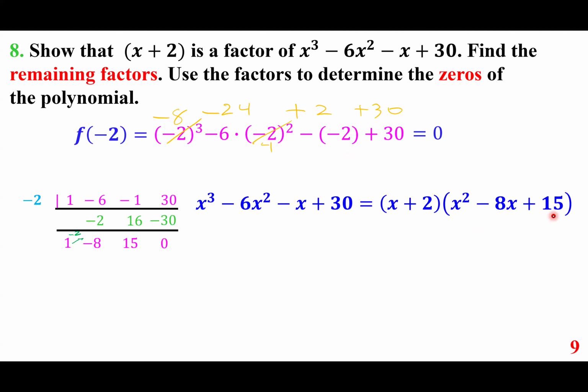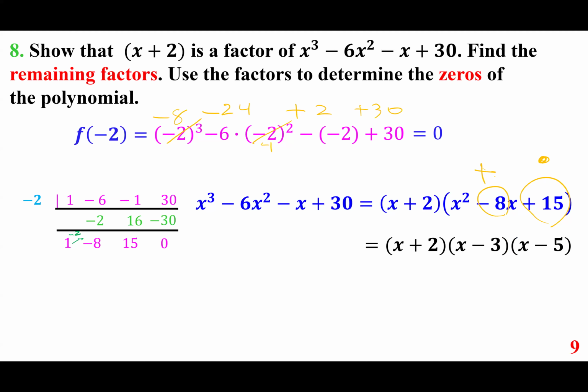And we recognize this is a very easy factoring because we want two numbers. The product must be 15 and the sum must be -8. So both of them are negative, -3, -5. So x plus 2 times x minus 3 times x minus 5.